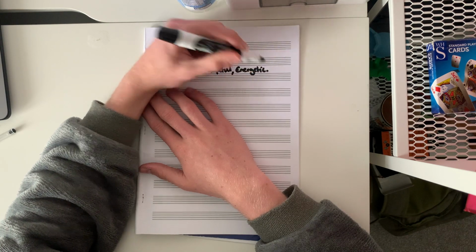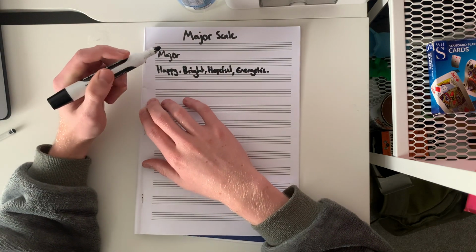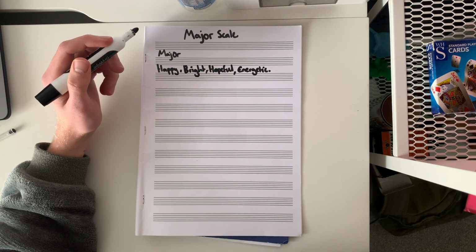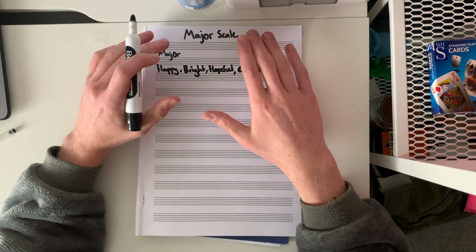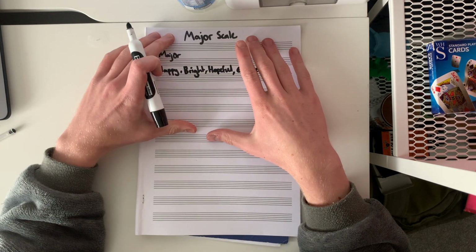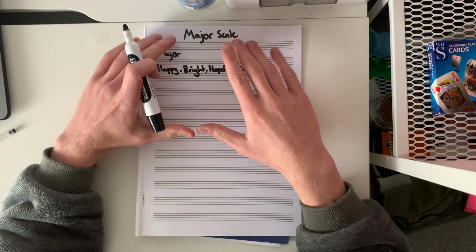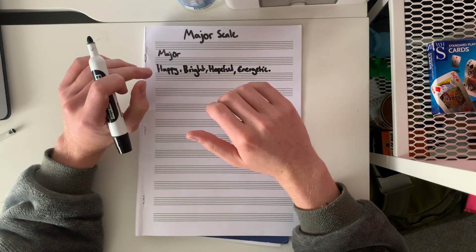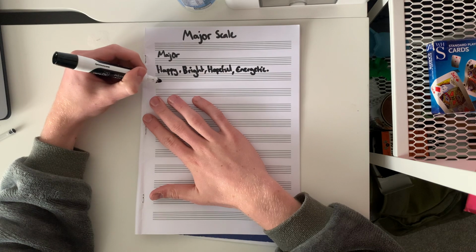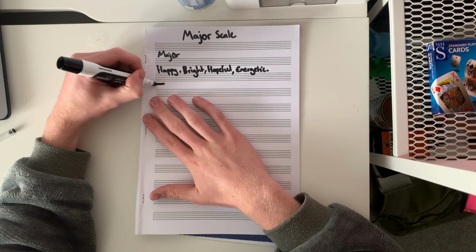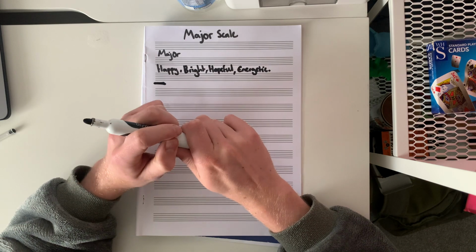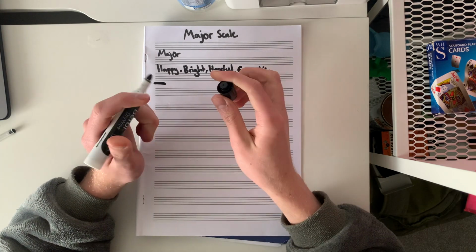But the main two that you will hear is major is pretty synonymous with music that is happy and bright. Okay, so we're after things that are happy and bright. Awesome. Draw a line onto that. And we'll move into the origin of the major scale.